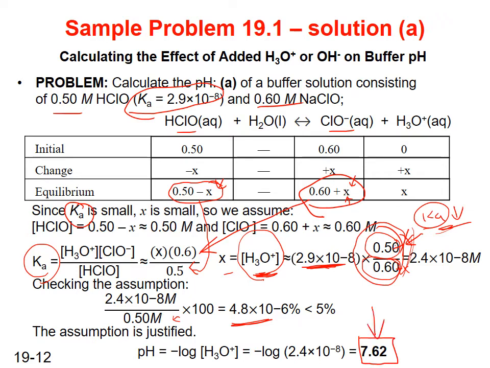So this is the pH for the buffer solution made up of 0.5 molarity of weak acid and 0.6 molarity of its conjugate base, without adding hydronium ion or hydroxide ion. Next we're going to add the acid or base to see how it changes compared to this number.